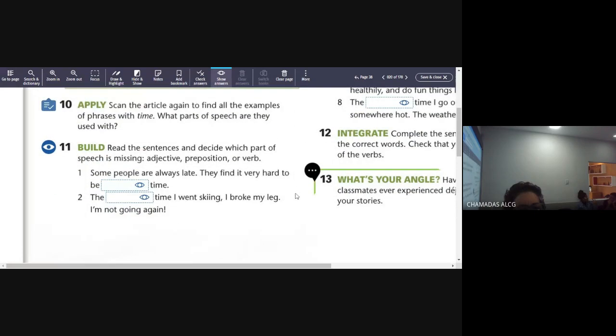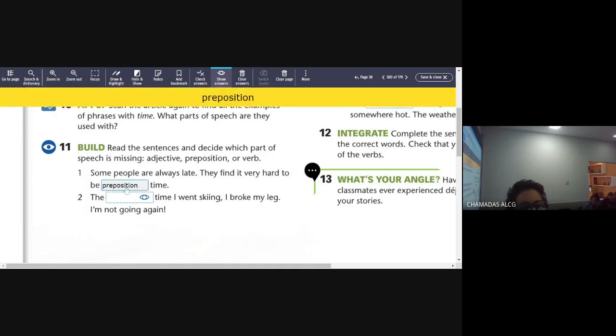All right, people, now read the sentences and decide which part of speech is missing. If it's an adjective, a preposition, or a verb. Let's see the first one. Some people are always late. They find it very hard to be on time.